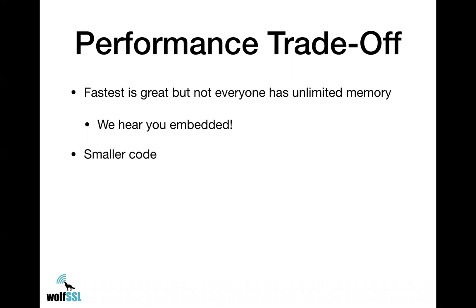So you can compile up the single precision code or math library in general to be smaller, to have less code there so you can save on RAM. And you can compile it up to have less stack usage.